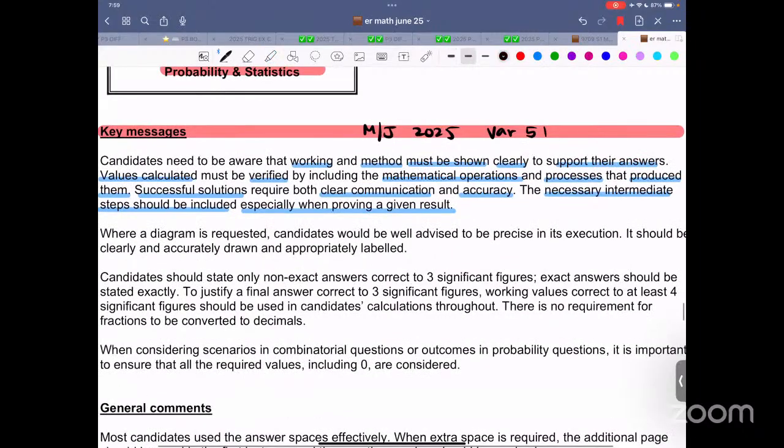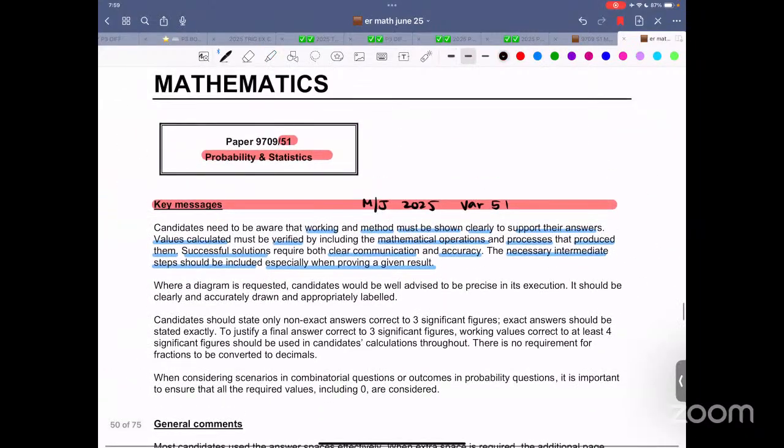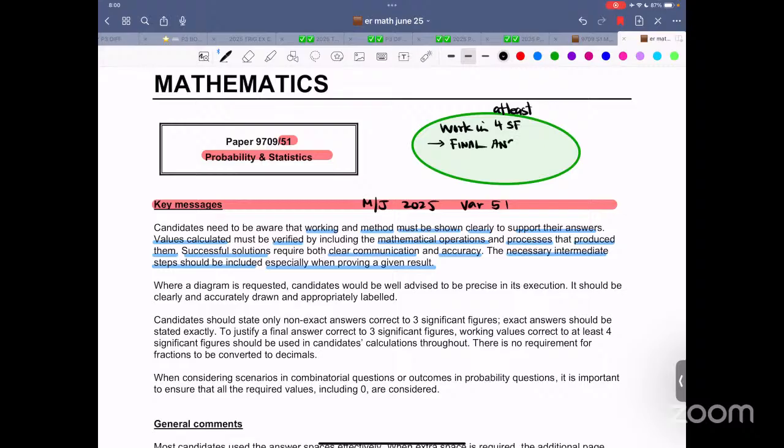Now, as far as accuracy is concerned, there are no angles in S1, so it's only about one level of accuracy. And what is the level of accuracy? Work in 4 significant figures at least, so that the final answer is given correct to 3 significant figures unless otherwise stated.